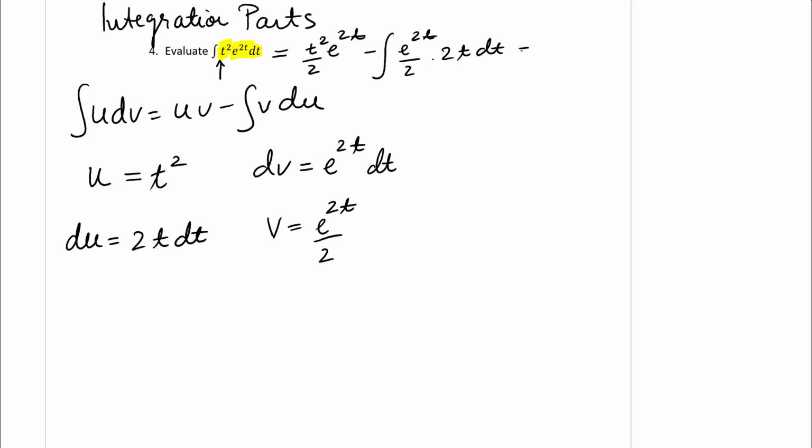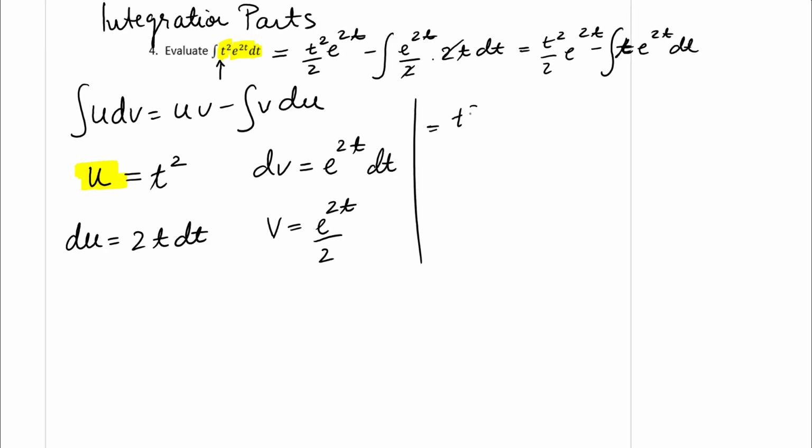You see how the next integral is simpler, right? So we get t squared over 2 e to 2t minus the integral of t e to 2t dt. A lower exponent. If we had chosen dv to be t squared, v would have been t cubed over 3, so we would increase the exponent.